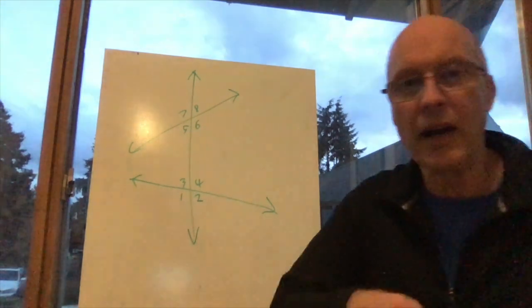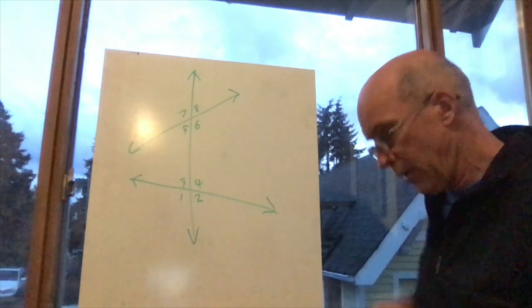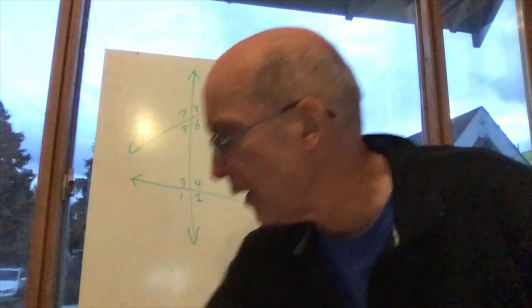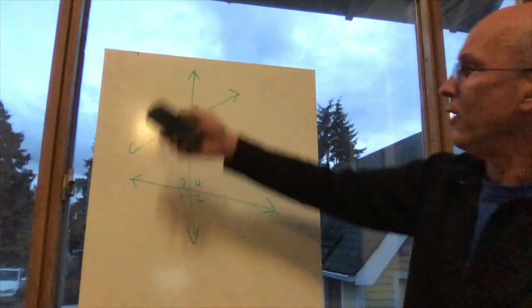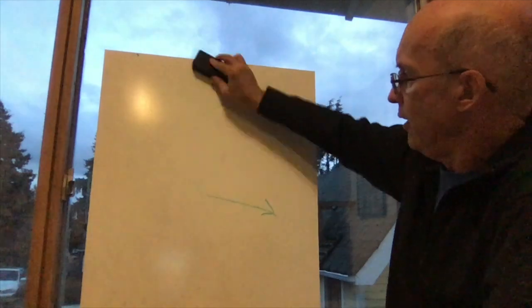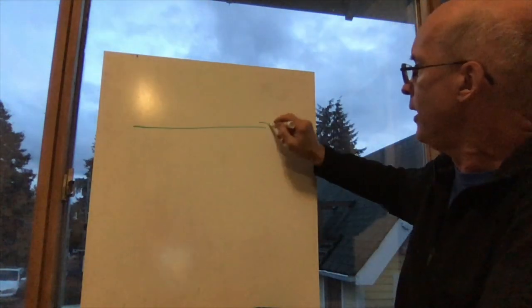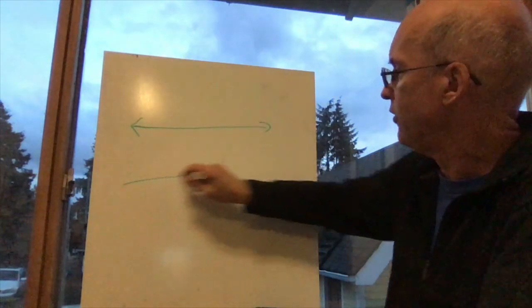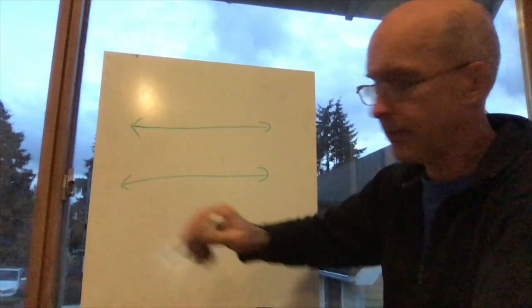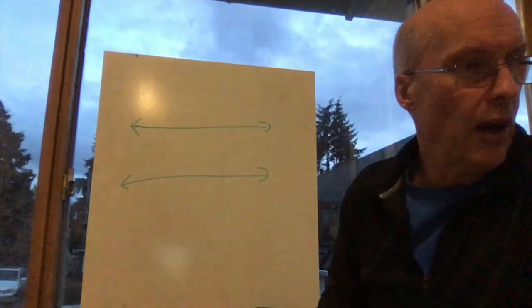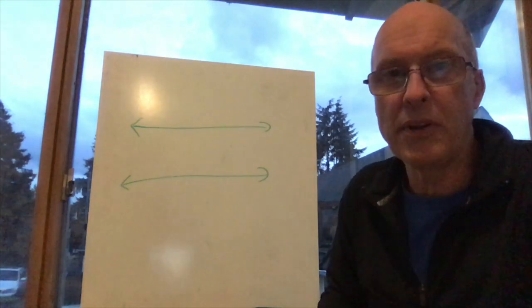And parallel lines, as you know, where's my eraser? Parallel lines can go on forever and never ever intersect. That's how you know they're parallel. Skew lines don't intersect either, but they're not in the same plane.